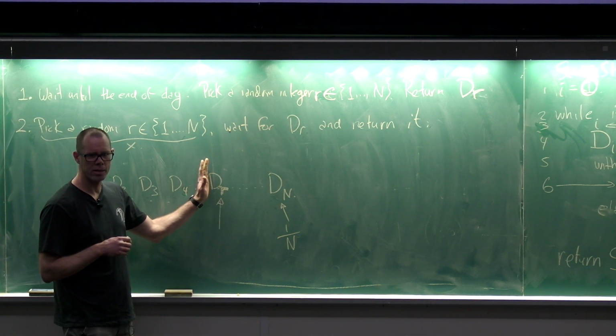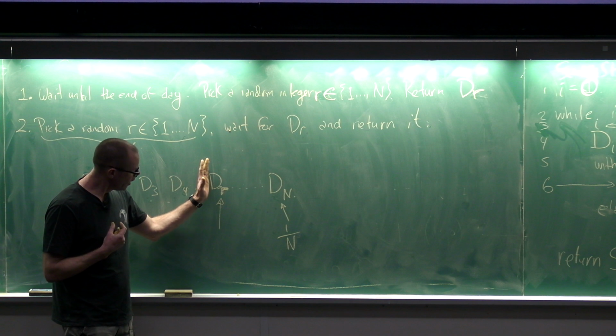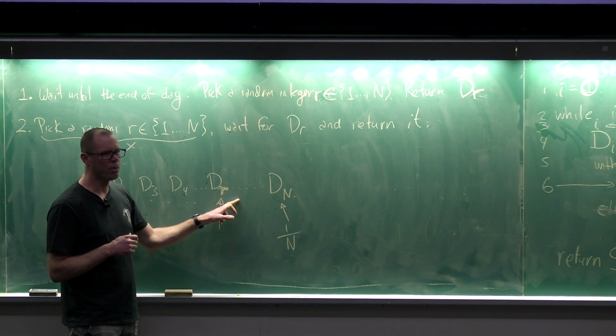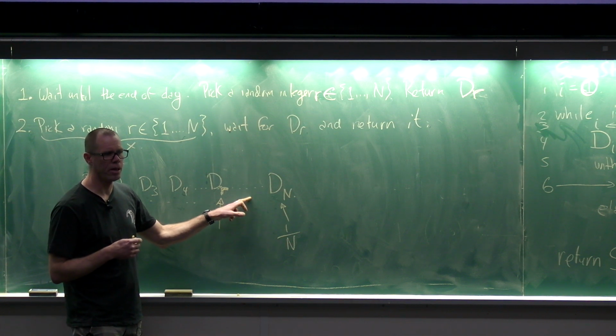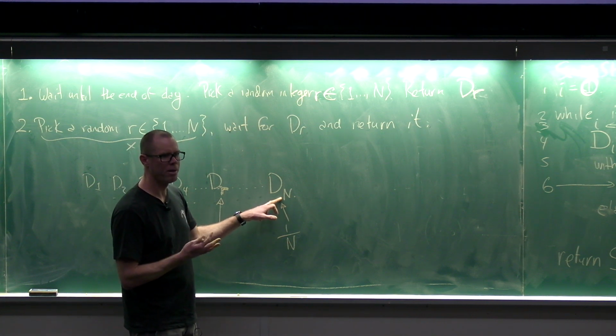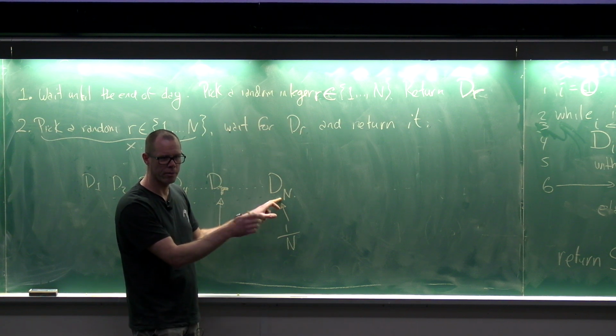It's what's going to happen next that counts. So a bunch of things have to happen from this point on. We better pick dr, but we better not pick dr plus 1, otherwise dr is gone. We better not pick dr plus 2, we better not pick dr plus 3, and so on, all the way up to we better not pick dn. If all of those things happen, then dr is going to be the thing that's returned.